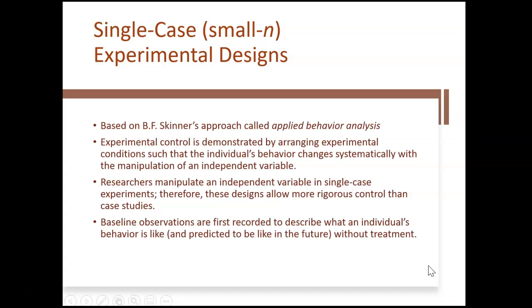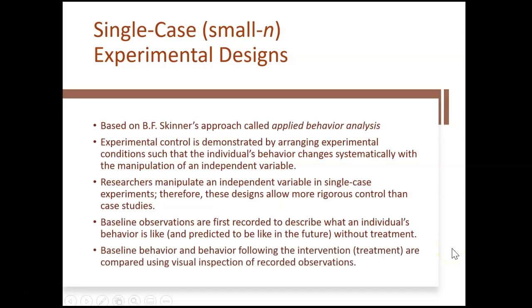But you have to start with a baseline that establishes what the behavior is like at the start without any manipulation of the independent variable. Then you record the behavior after the intervention or treatment is applied.